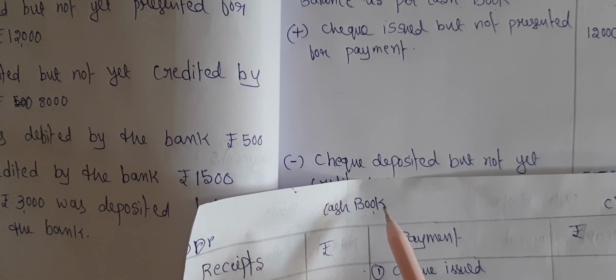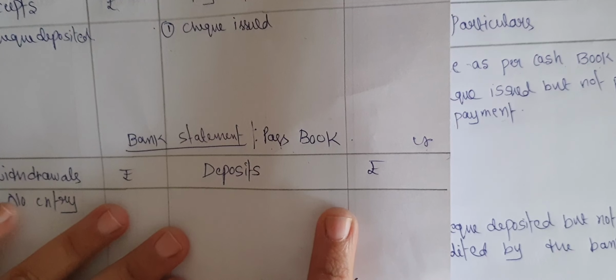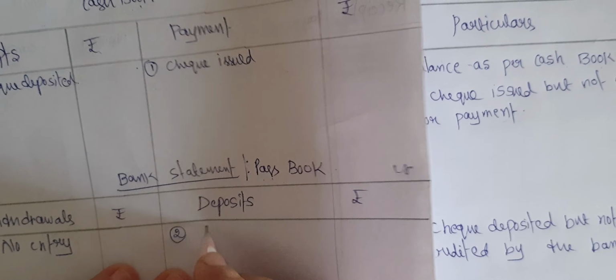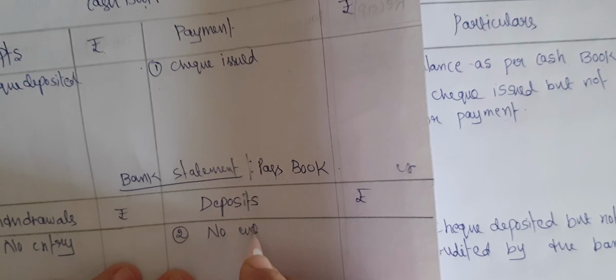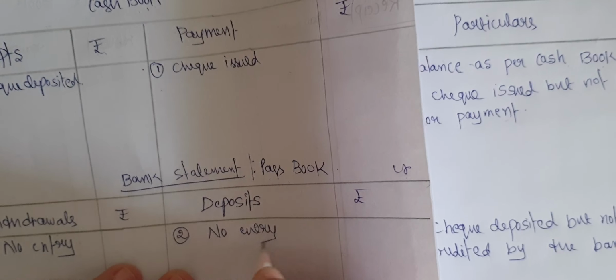Not at all credited by the bank in the deposit side. In the passbook, in the credit side, there is no entry because it is not credited. Check deposited, they immediately entered that amount in the cash book. But that check deposited is not credited in the passbook, means there is no entry.